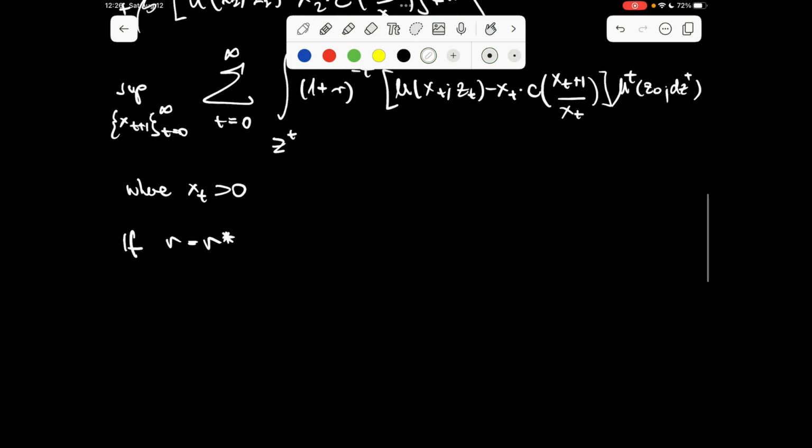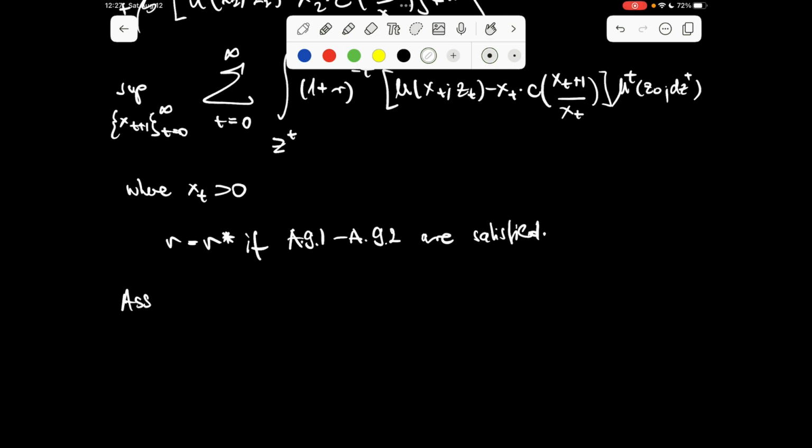So we need to check, let me correct myself, if assumption 9.1 and 9.2 are satisfied. We need to check if these two assumptions are satisfied.